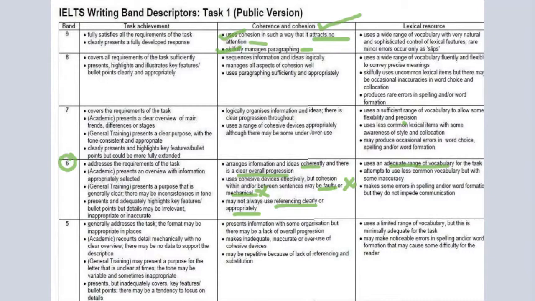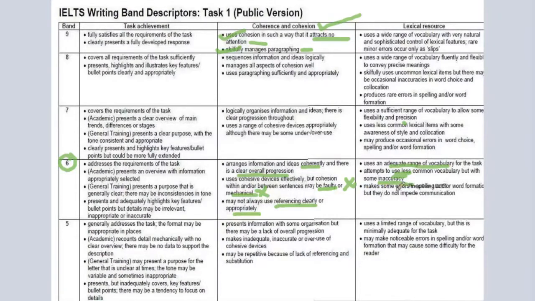It's just an adequate range for the task, and attempts to use less common vocabulary. You attempt to use less common vocabulary, you're trying your best, but you are using it with some inaccuracy. You're not using it in the right context, or you're not using it sufficiently, so that's something that you're making a mistake in.